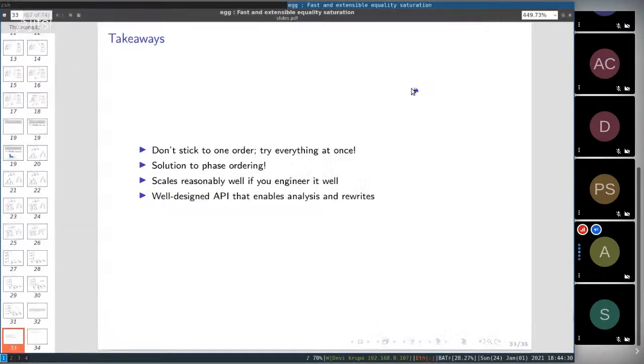Thanks, Siddharth. Are there any questions for Siddharth? So, Siddharth, it's not a question as such, but to understand this library, this is going to be Rust code, right?